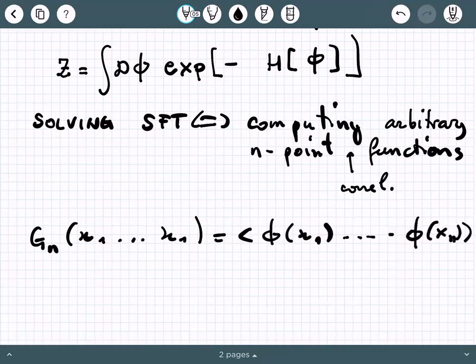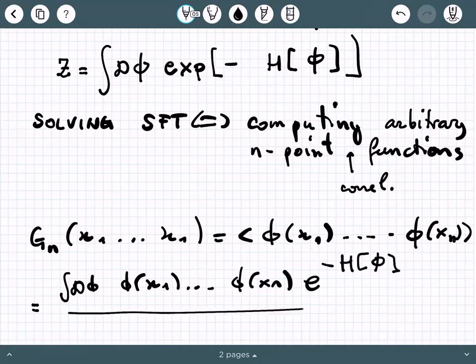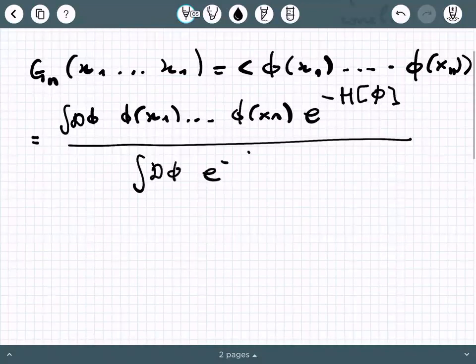So if I am to write this n-point correlation function explicitly, I would write this as a path integral with n fields, phi(x1) through phi(xn), times e to the minus my Hamiltonian, divided by the same quantity without the fields, which is the partition function.